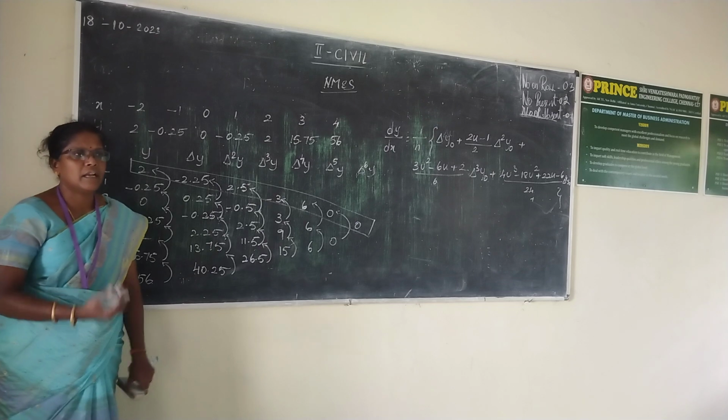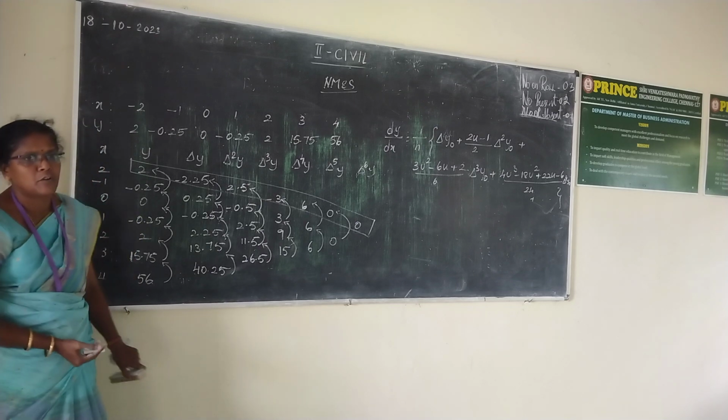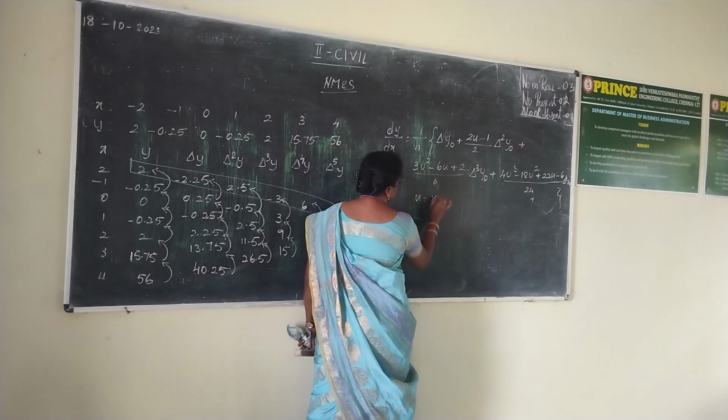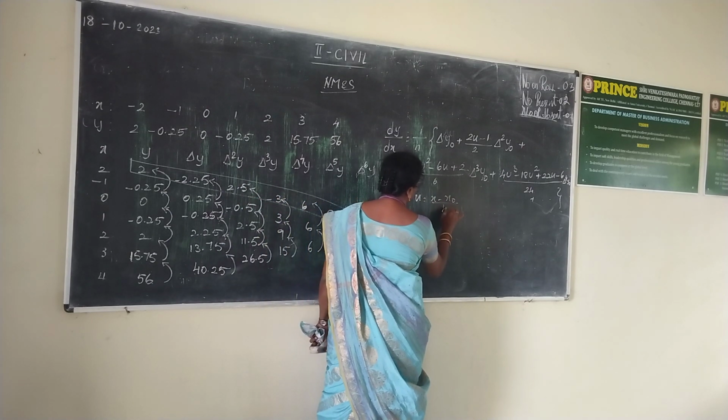So write again and again so that the formula will get memorized for you. So u will be defined as x minus x naught by h.